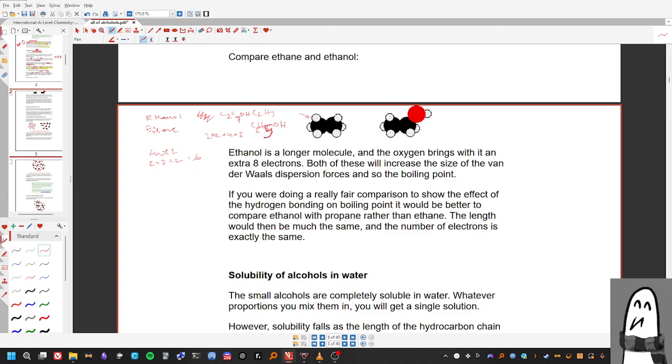So that would be C2H5OH, and ethane would be C2H6. This is C2H6, this is C2H5OH. Over here it's pretty much a longer molecule in terms of size, and also has more electrons than this. So even from the starting standpoint, this already has a way bigger head start.